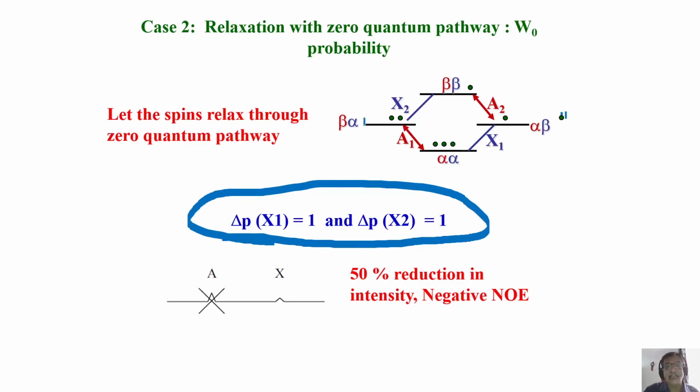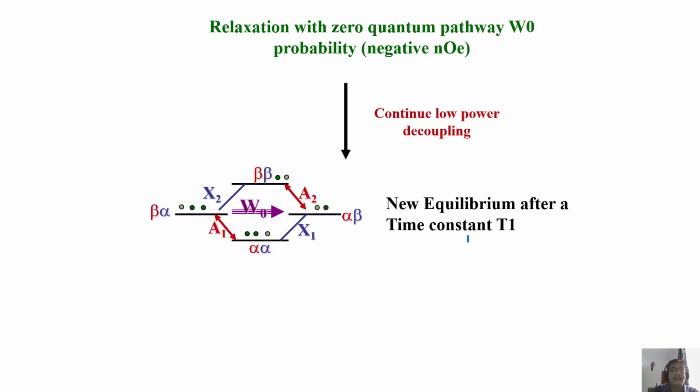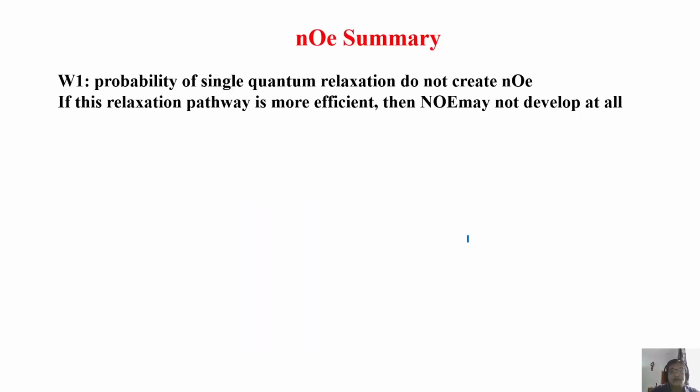On the other hand, if I consider this relaxation pathway, the intensity came down by 50%. This is called negative NOE. Understand? This is called negative NOE. So relaxation with the zero quantum pathway gives you negative NOE. Relaxation with the double quantum pathway gives you positive NOE. Of course, if you continue low power decoupling, after some time nothing will happen. The system will go to thermal equilibrium.